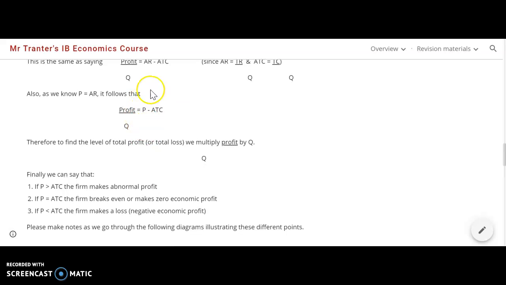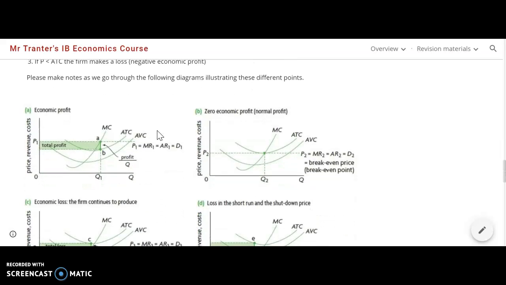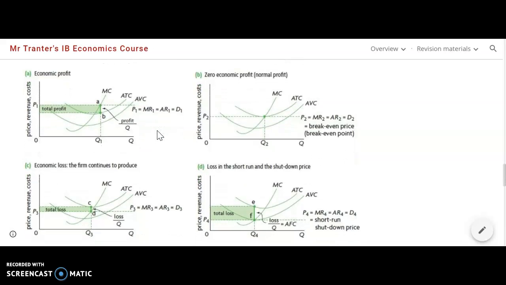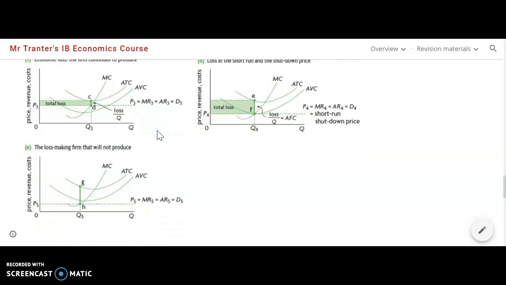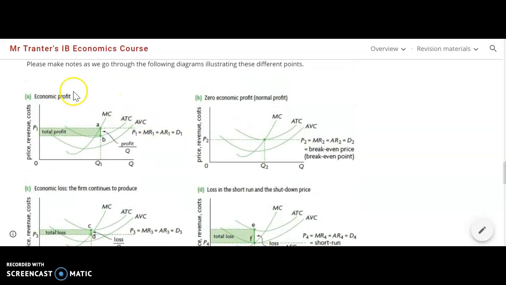If price is less than ATC, the firm is making a loss or negative economic profit. So what does that mean in terms of our diagrams? These are all the possible situations that you can get in the short run with perfect competition.